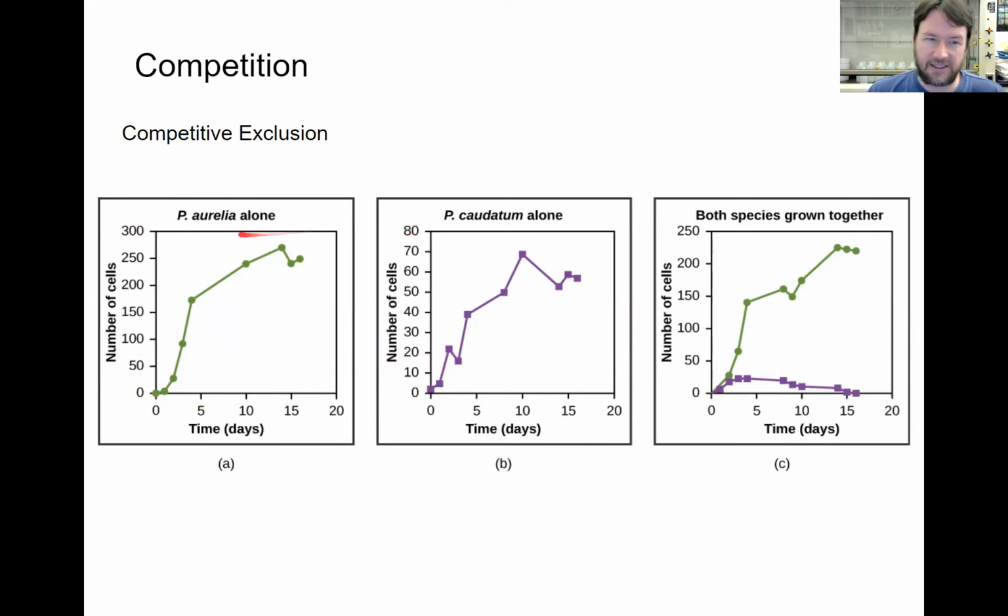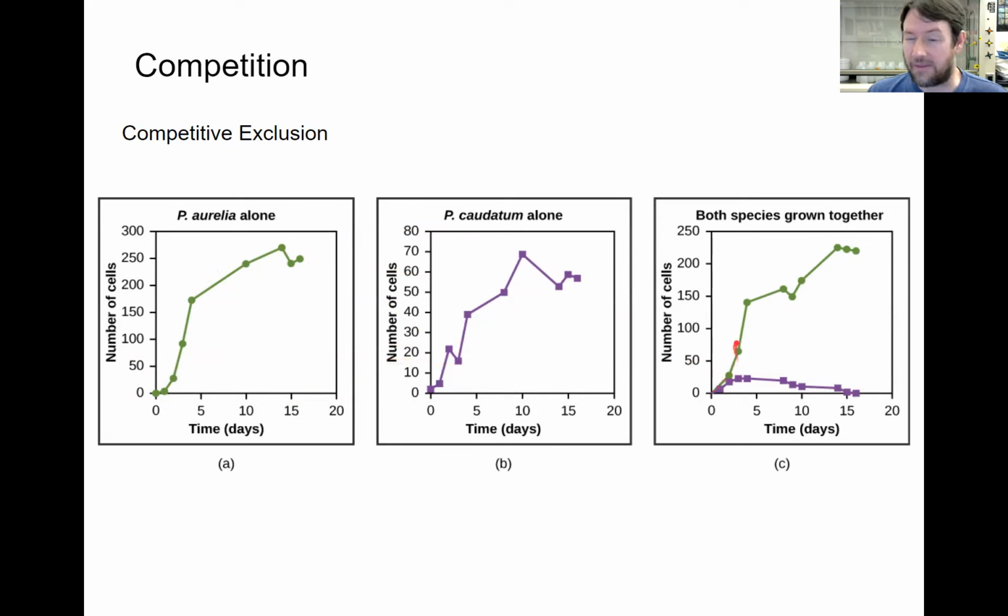There's two different species. There's Paramecium aurelia and Paramecium caudatum. And growing on their own, we see that typical logistic growth pattern, right? Kind of exponential to start, and then it tapers off and reaches a carrying capacity. Well, what happens when we put them together?